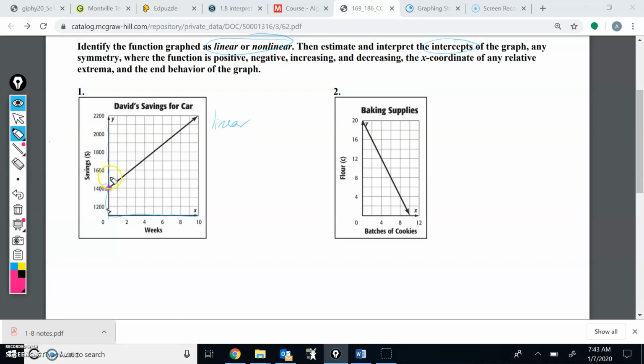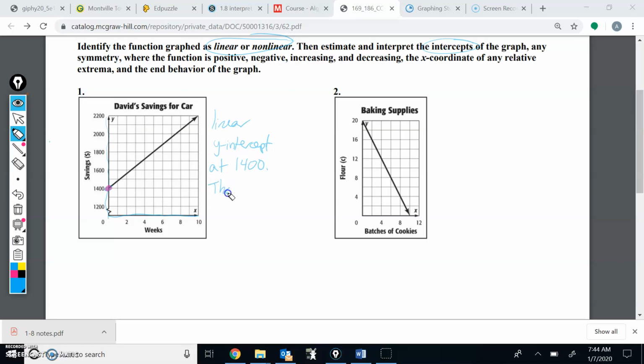And what is that point value? It looks like it's at 1400. So we say there's a y-intercept at 1400. Let's explain what that means in terms of the graph.